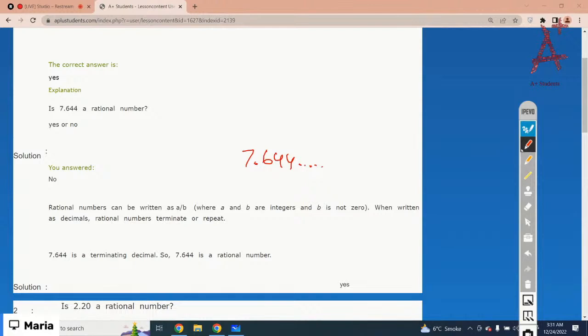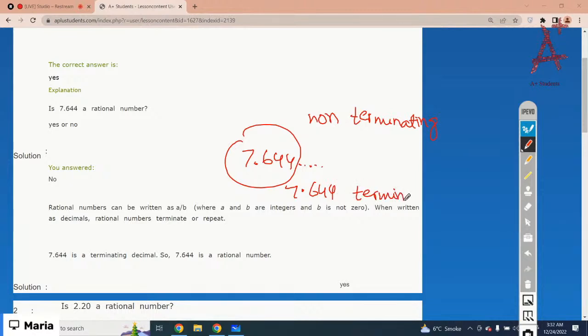That means you have more digits right after 44. If you don't have any digit written after the last digit, that means it is terminating. You don't have any other digit right after 4, so that is a terminating number.